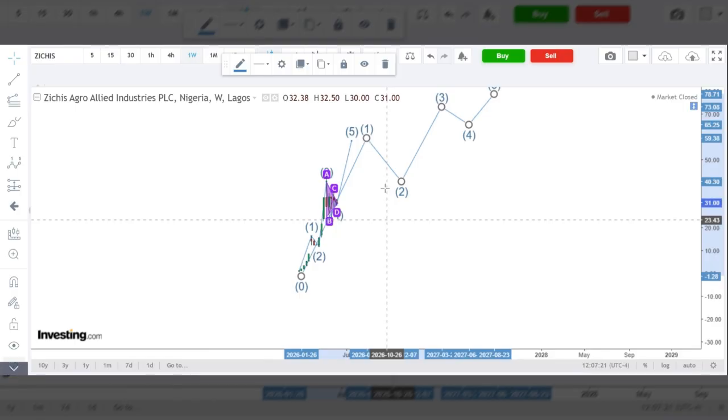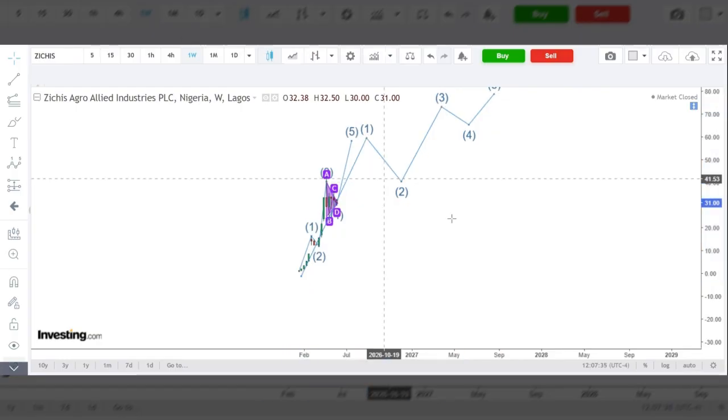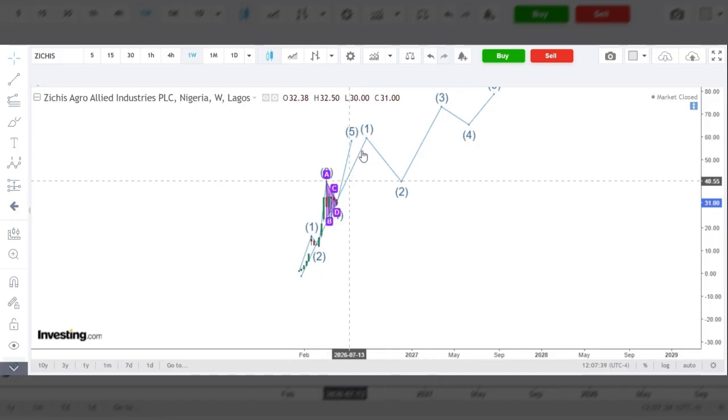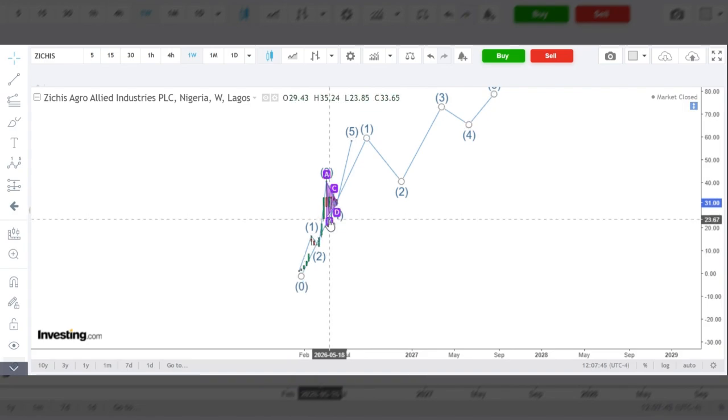This wave one has to correct to either 0.618, 0.50, or 0.328, sorry. So on the weekly chart, this is just the first wave of this, which means the market still has strong potential to go on an uptrend.